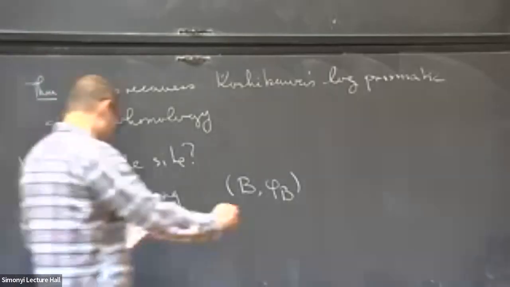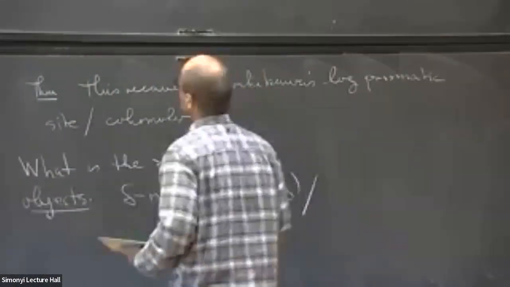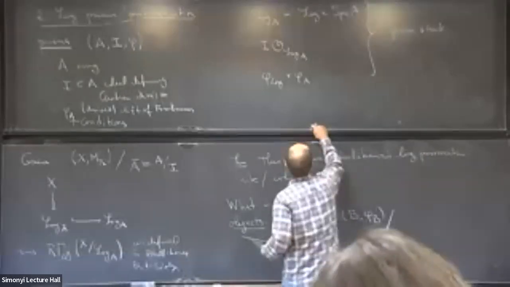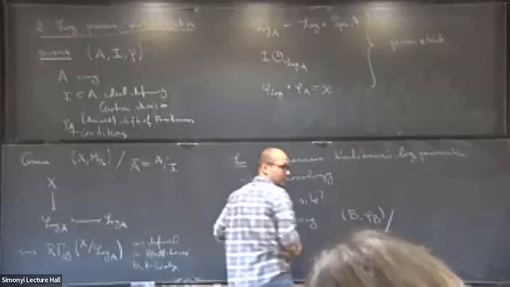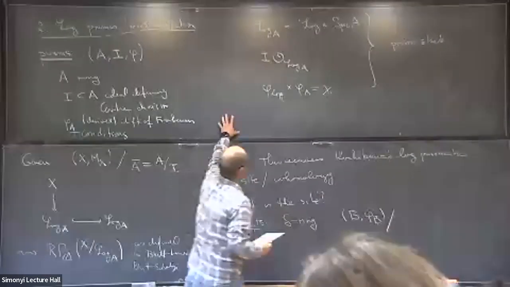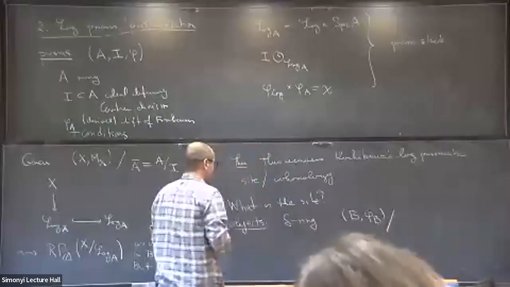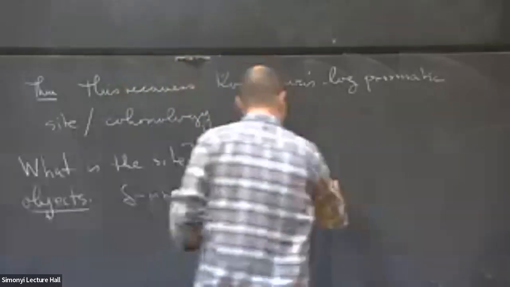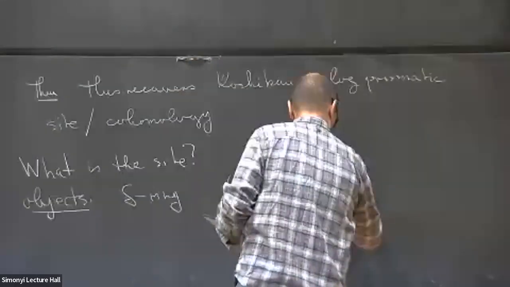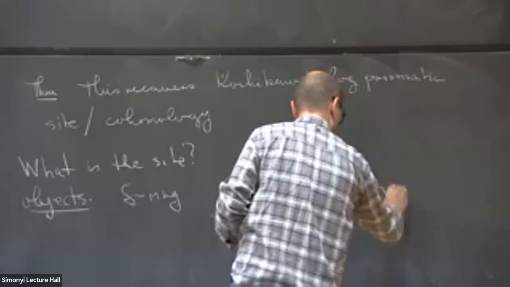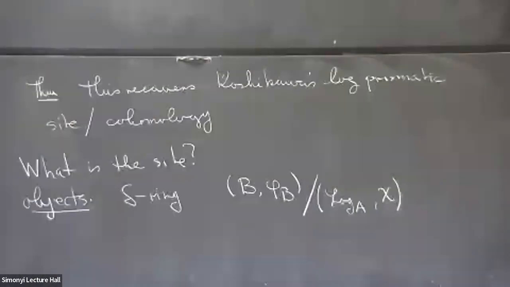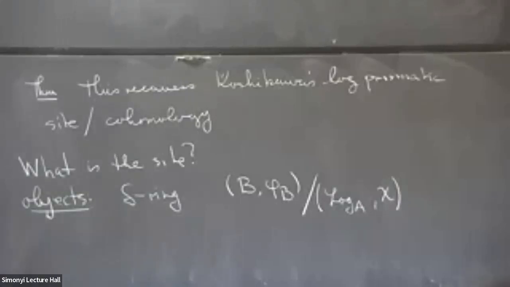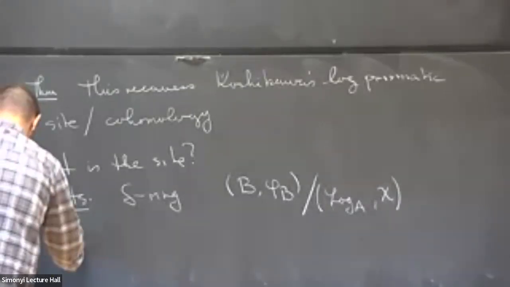But it should be a delta ring over, and I should have given, sorry about this, let me give a name for this, let me call it chi, over the stack, log A. So what's that?